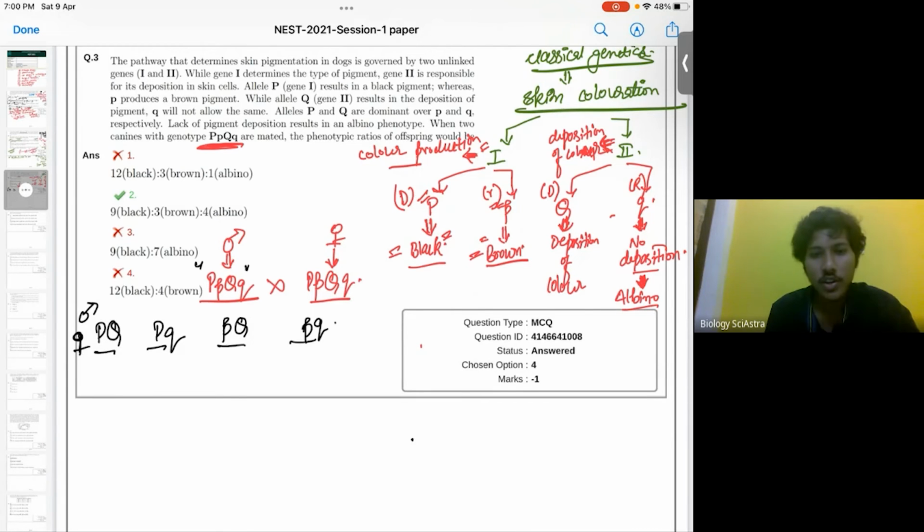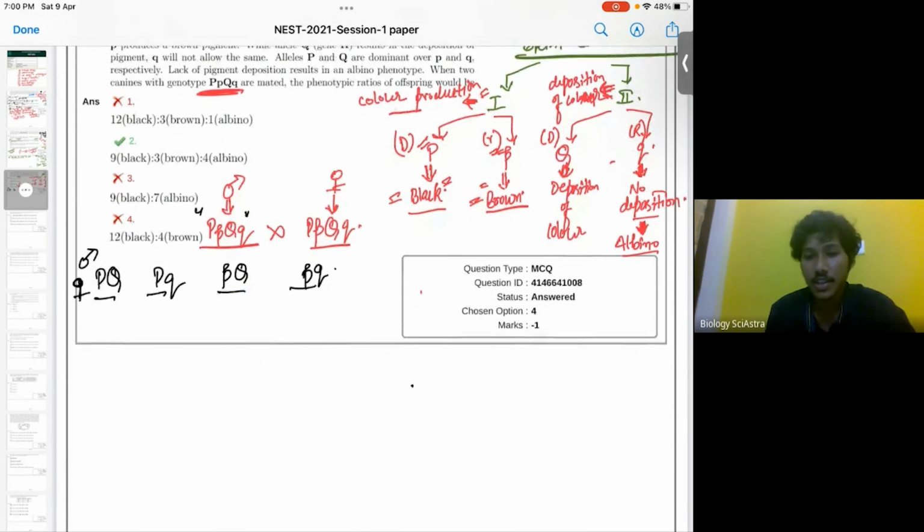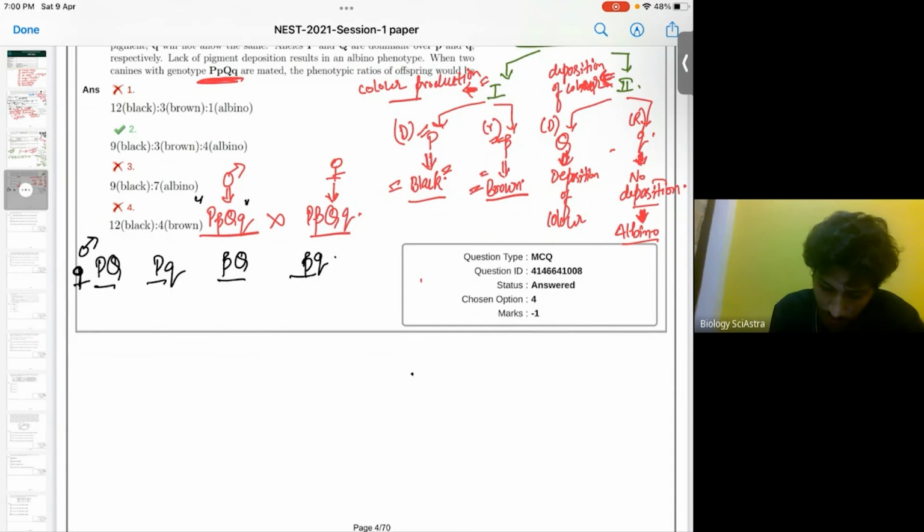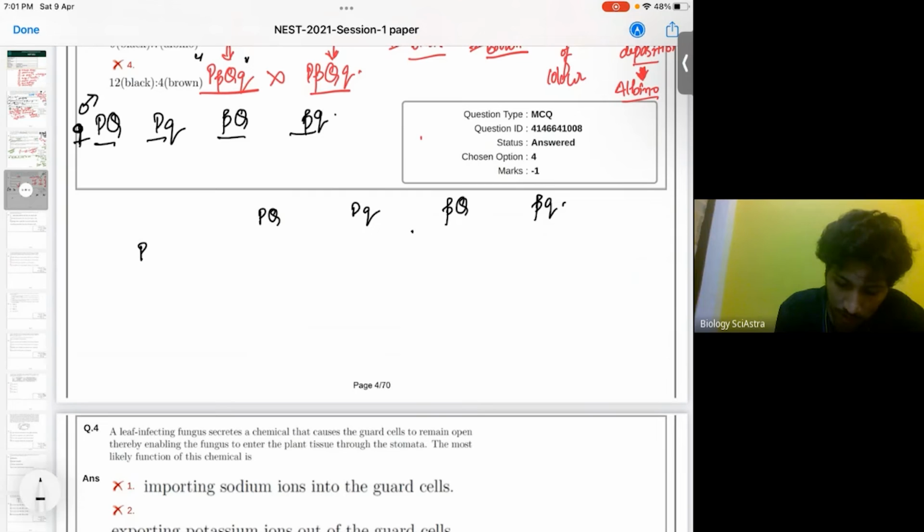Now let us draw a Punnett square and see how it goes, with capital P capital Q, capital P small q, small p capital Q, and small p small q on both sides.